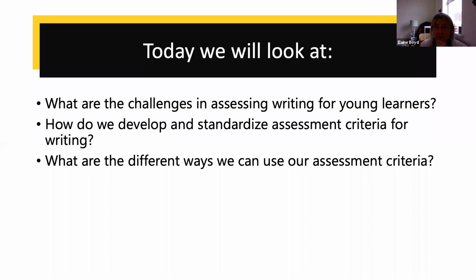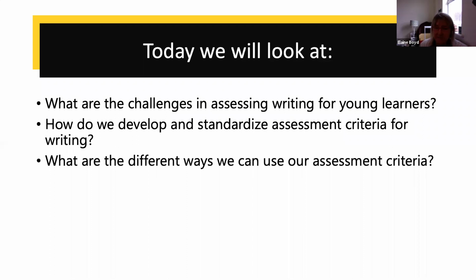But we're just going to recap on some of these today, because they affect what kind of things and how we can assess when we're looking at the actual criteria, which is what we're focusing on today. So when we've thought about that, we'll move on to look at how we develop and standardize the assessment criteria for writing.